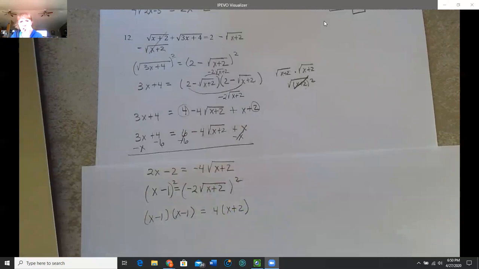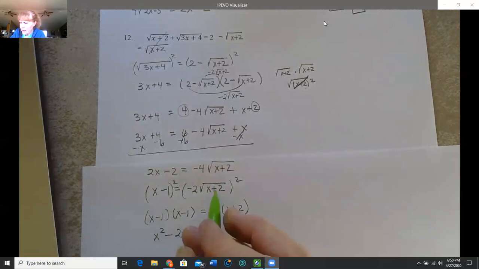So now let's go ahead and square this. That came from this. So we'll have x squared. Make sure you guys can see that. Minus 1 and minus 1 is a minus 2x. Negative 1 times a negative 1 is a positive 1.